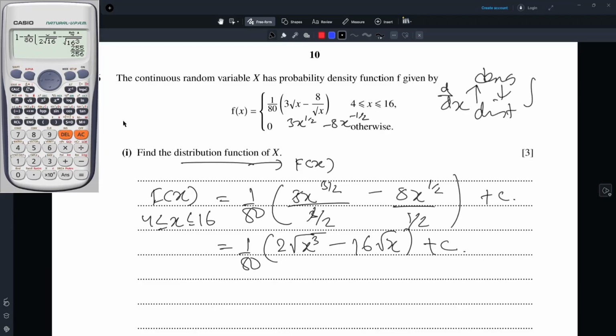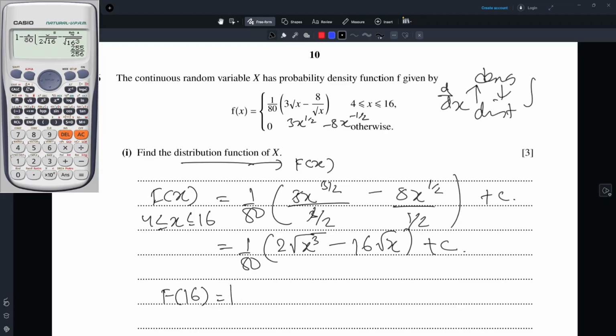Now, because this is a cumulative distribution function, we can do one of two things. We can either set F of 4 equal to 0, the minimum value, because we have added nothing yet, which means that there is no probability. So we have F of 4 equal to 0. Or, something easier to understand, F of 16 equals 1.